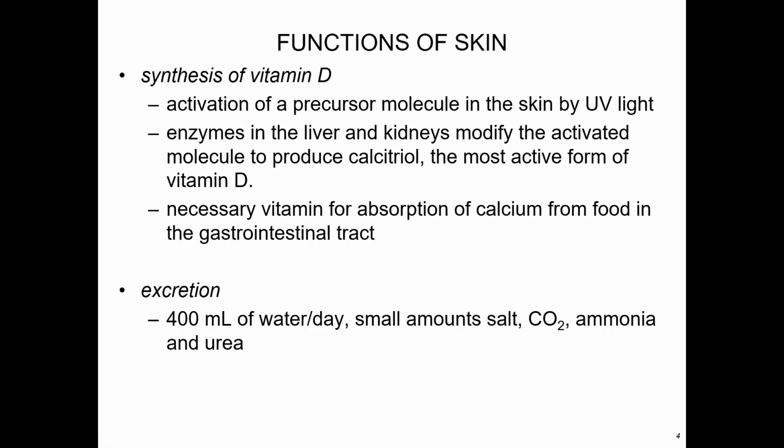Another modification or two will be made in the liver, and then vitamin D is activated and completed in the kidneys. The significance of vitamin D, we'll see in chapter 6. It is stimulating calcium absorption from the digestive tract.